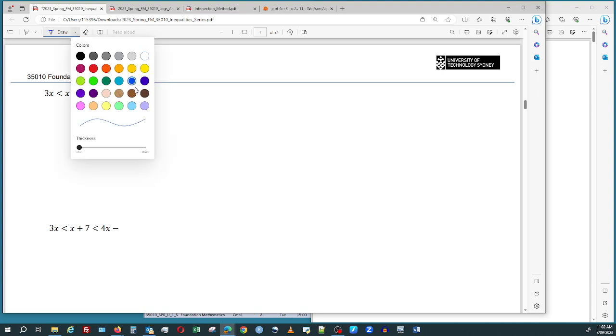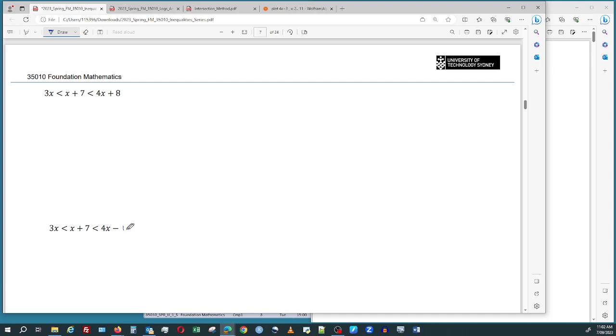Pop that back again. It's on top, so it'll be a bit easier for us to process. Alright, so in this case here, we're looking for the form. Look at the interval. It's got this interval form, so it's an intersection interval.